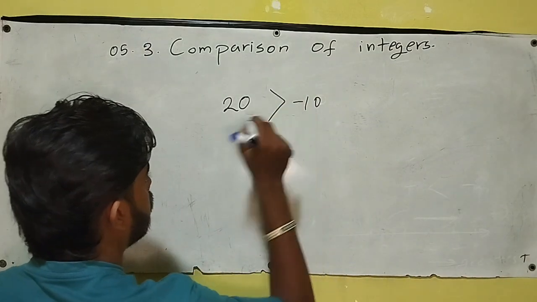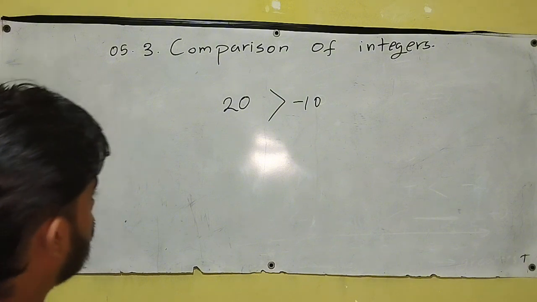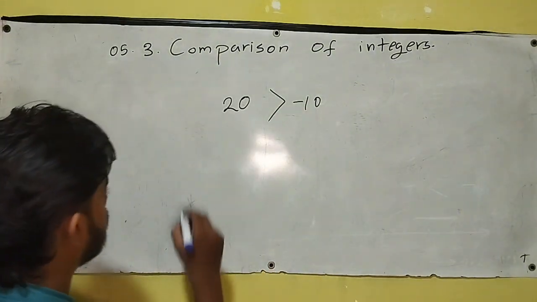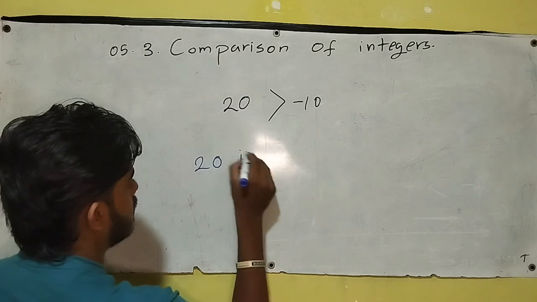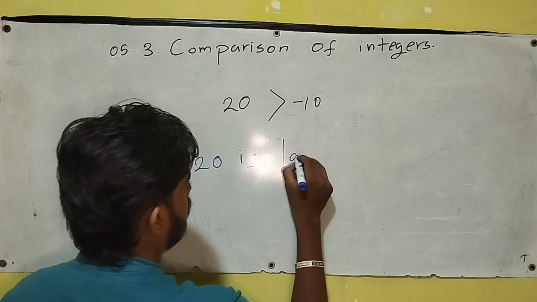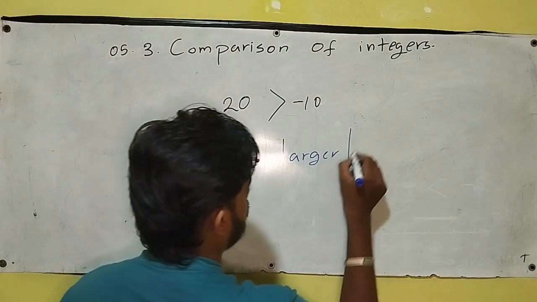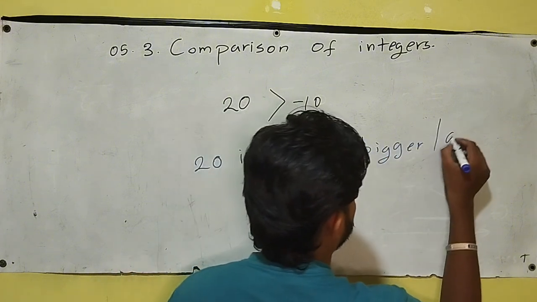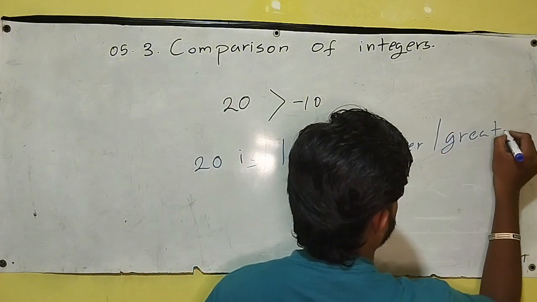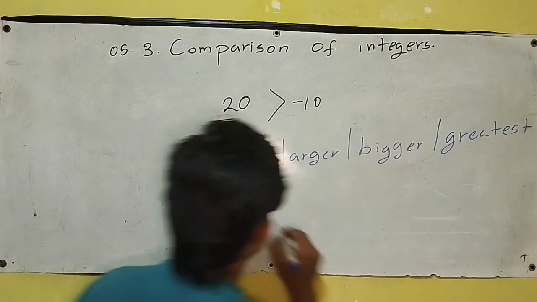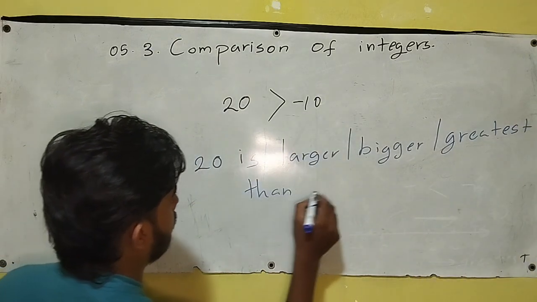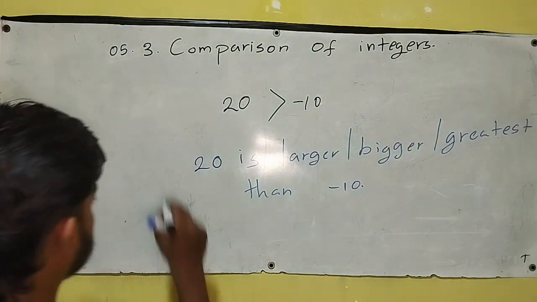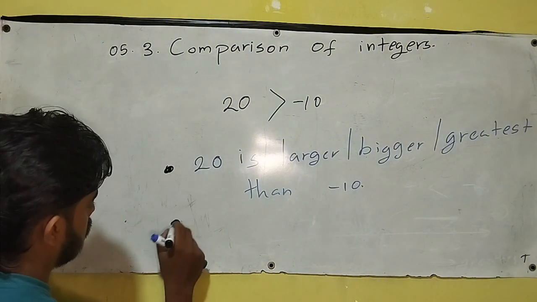Then how to write down using words? 20 is larger, bigger, or greatest than minus 10. As well as we can write down, this is the first one.